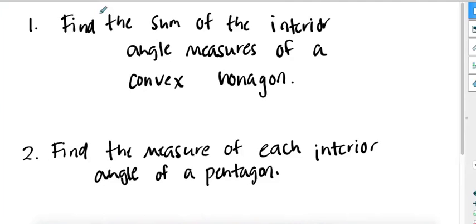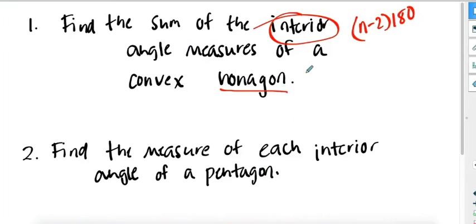We're looking for the sum of the interior angle, and then think to yourself, interior angle, that sum is n minus 2 times 180, right? And then it's of a convex nonagon, and here you should know that n is equal to 9. So now you just substitute it into your equation. 9 minus 2 times 180 to find the sum.